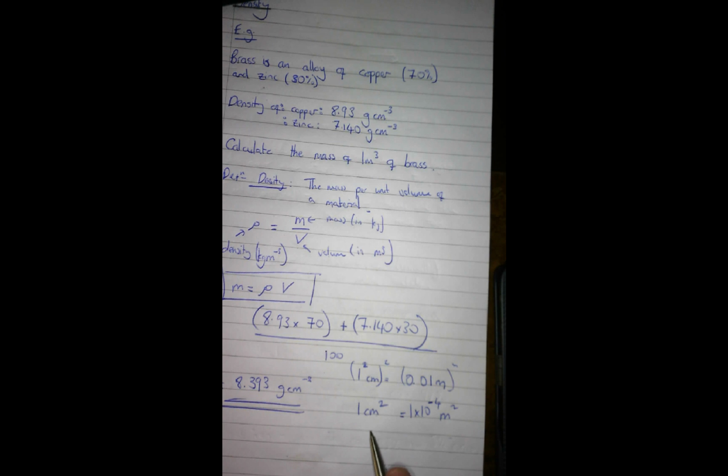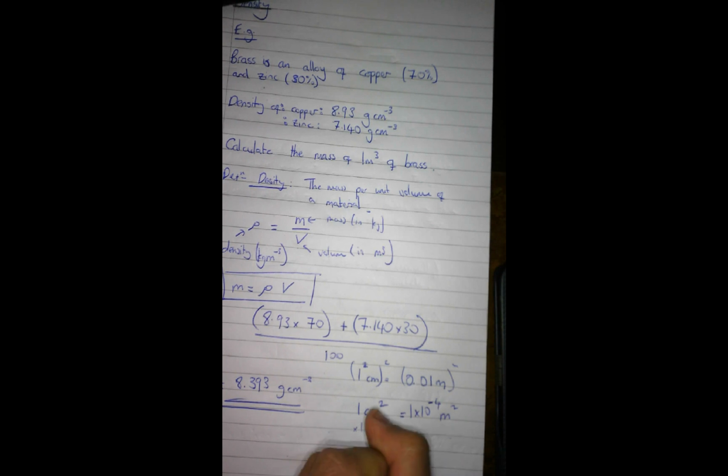Well, how do we get then from centimetres cubed to metres cubed? We've got to times again, so this side by 1 centimetre, and we've got to do the same thing to both sides.